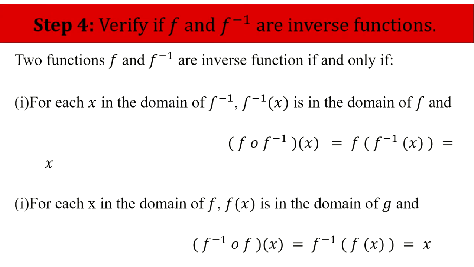To test that, we will use the concept of the composition of functions. So f of f inverse of x and f inverse of f of x should have the result of x. Always remember that the result should be equal to x.